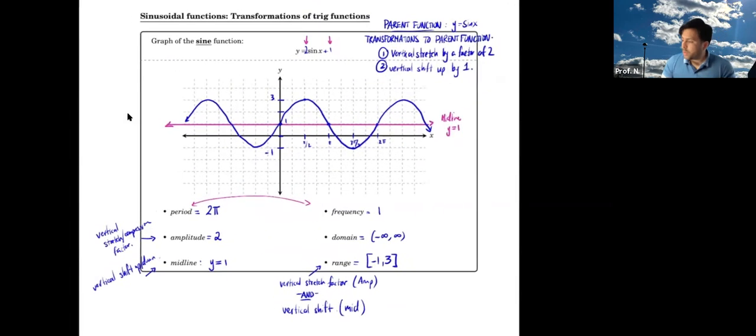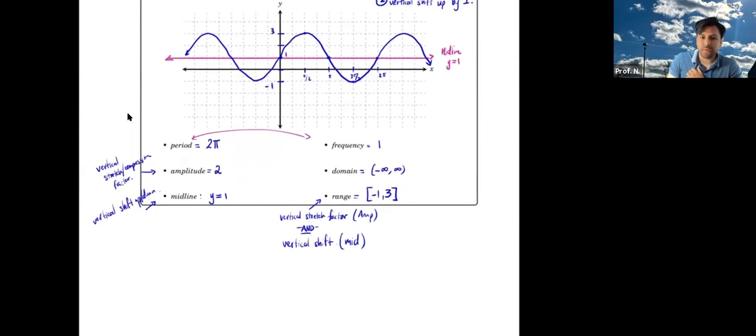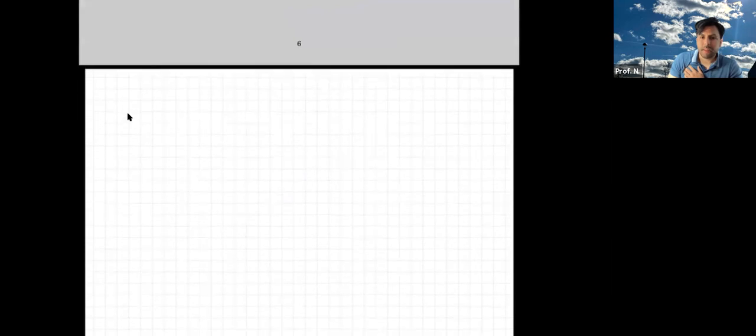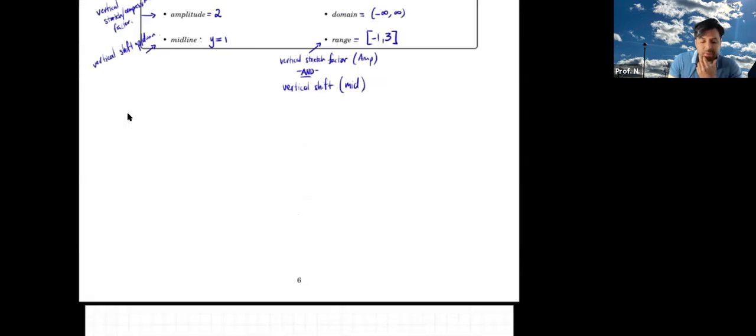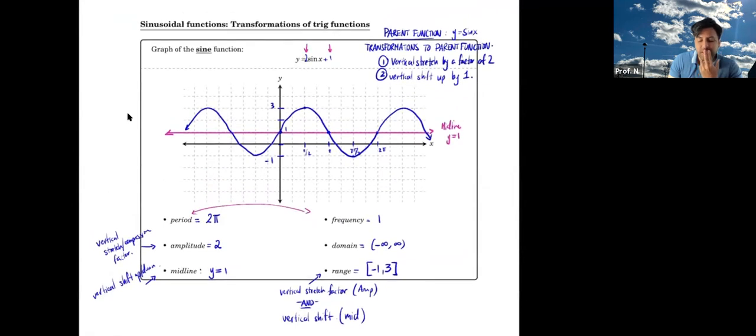Does everybody follow me with the transformations? Yes, so far so good. Okay. Now, so that's what happens when we change the vertical stretch and the vertical shift numbers, right?